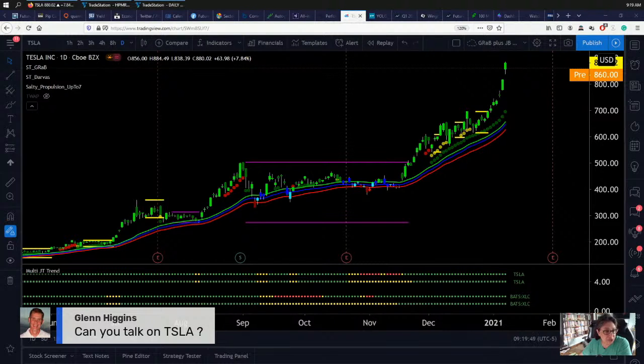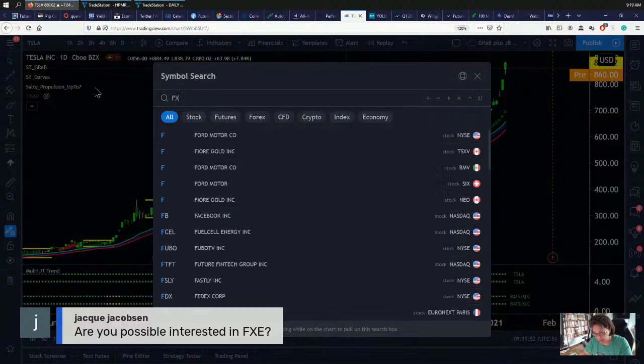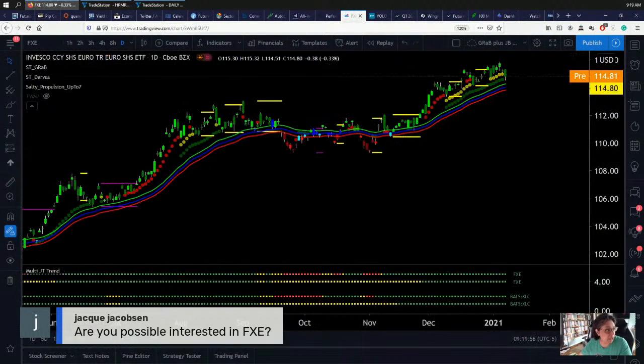Okay, so thank you for that question. Am I interested in FXE? I am interested. I have been interested. I've been definitely engaging it. Jacques, yes, 1,000%. So what this is, is US dollar, right? This would be the futures symbol.